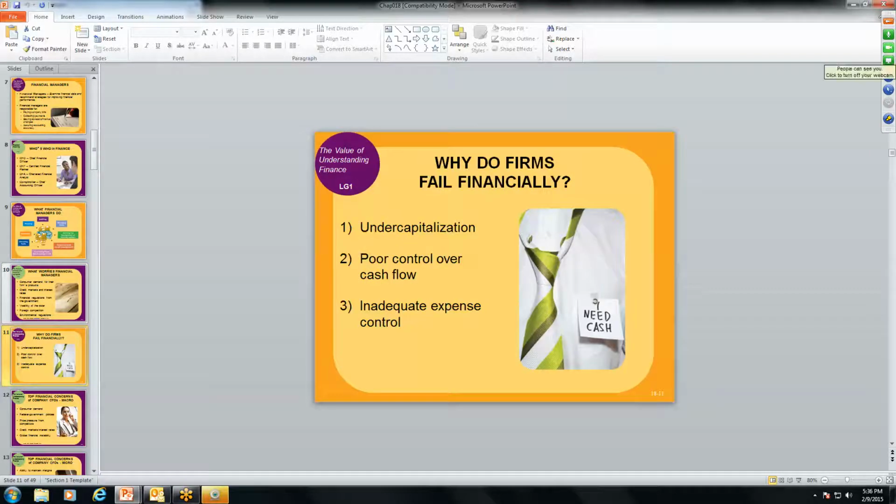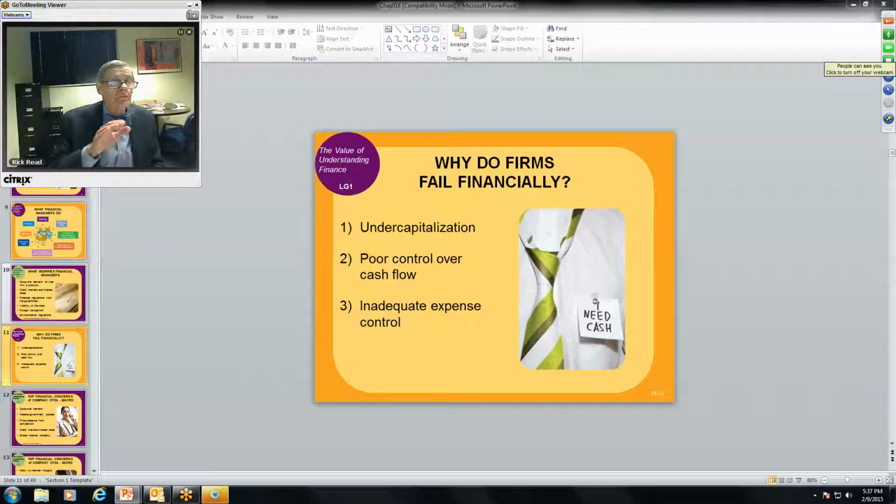Now, you can see the things about this particular slide on the bottom of page 495. Companies fail because they don't have enough money. They aren't sure where their money goes, and they don't control expenses.